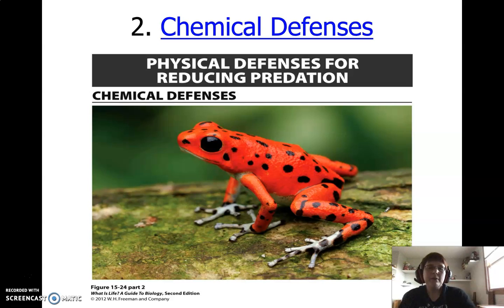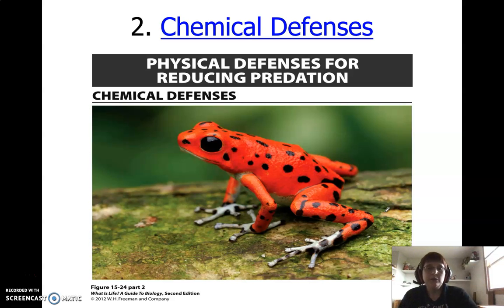So you can go with chemical defense. We saw some of those in the plant lecture. So we use a lot of the plant chemical defenses as medications for ourselves, but those are to keep things from eating them. And animals do the same thing. So this poison dart frog is going to excrete chemicals to either make himself taste bad, or very often the poison dart frogs are actually toxic.